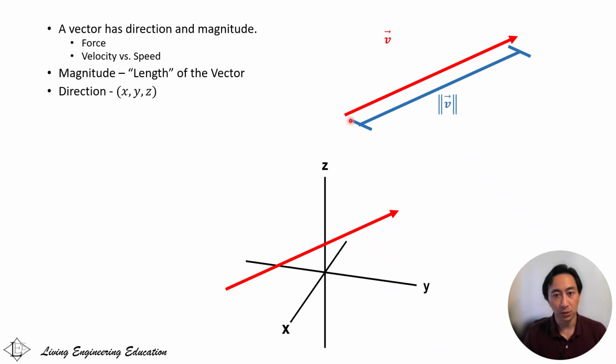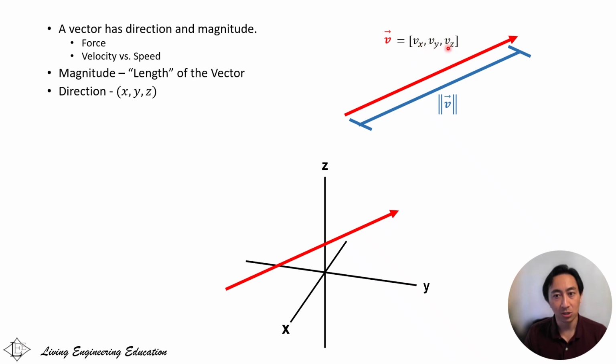The relationship between the base of the vector and the end of the arrowhead defines the vector, not the placement within the coordinate system. The coordinate system helps define the unit components that define your magnitude piece. So if I want to break down this vector into its components, let's say it has x, y, z components, I can write it as vx, vy, vz.